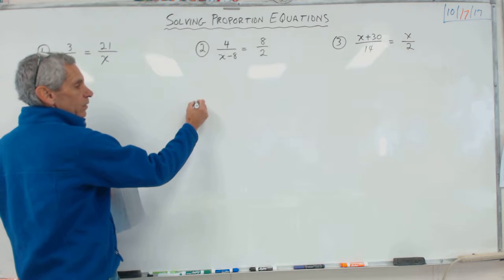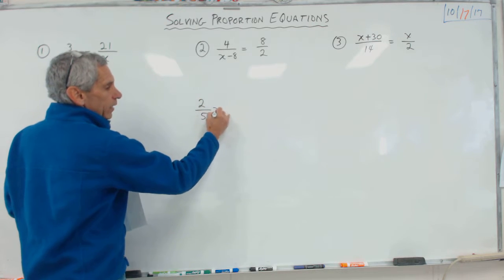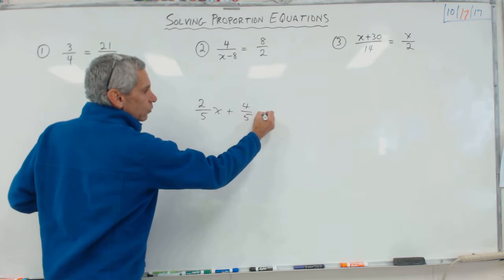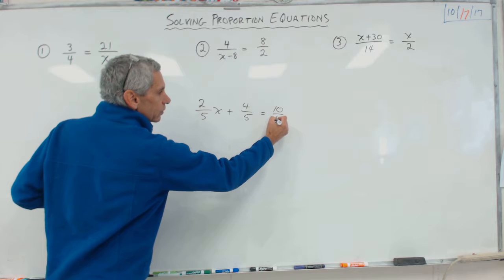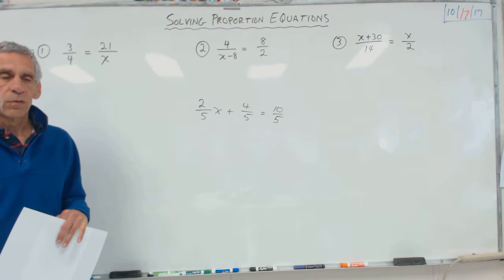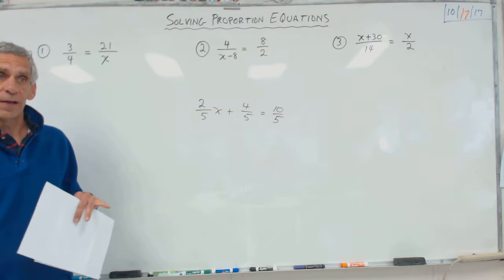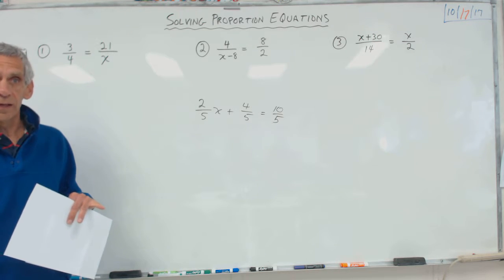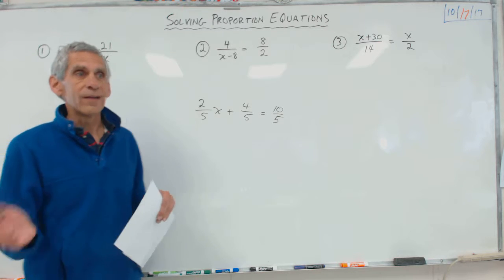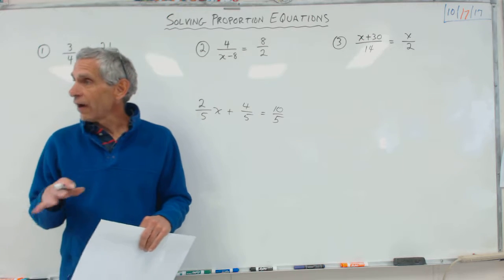If I give you 2/5 x plus 4/5 equals 10/5, how do you do that? Multiply everything by the denominator, by 5. And that immediately gets rid of your fraction.